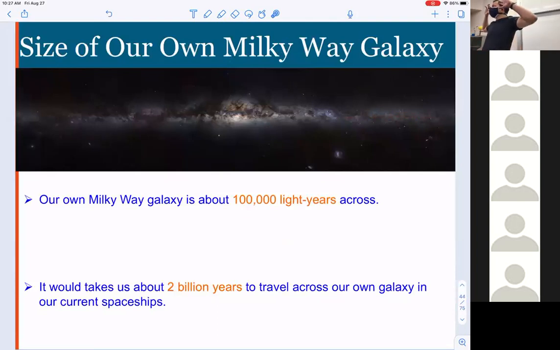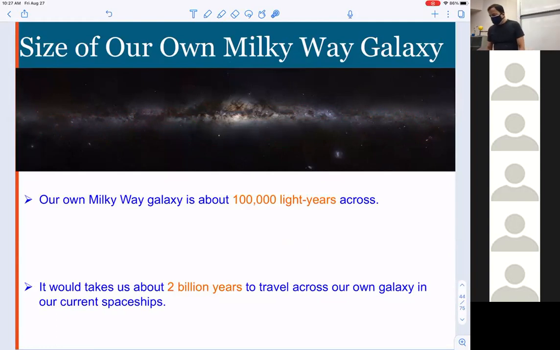Our sun is one of a collection of stars in the galaxy called the Milky Way galaxy, and our sun is somewhere over here, like one little dot. There are about 200 billion stars in our own Milky Way galaxy, and the size of our galaxy is about 100,000 light years across.